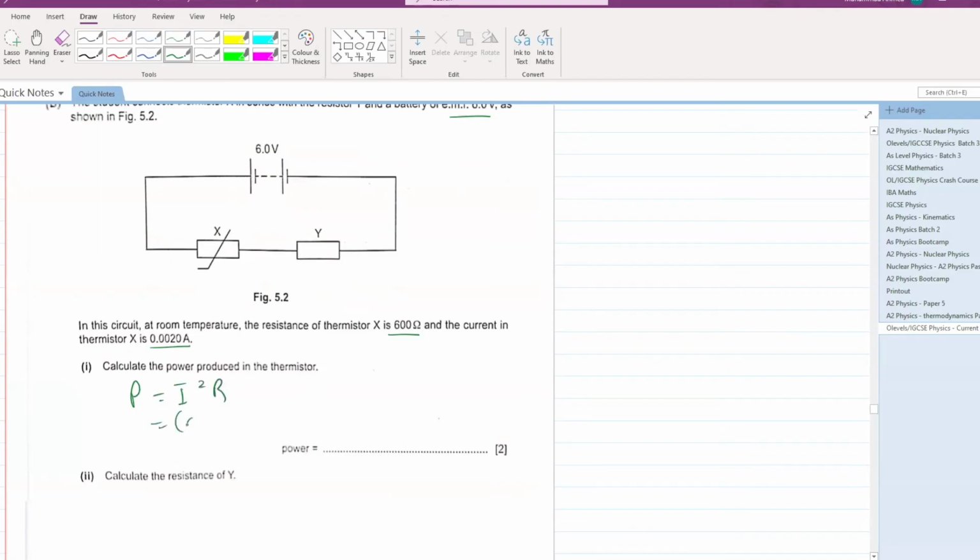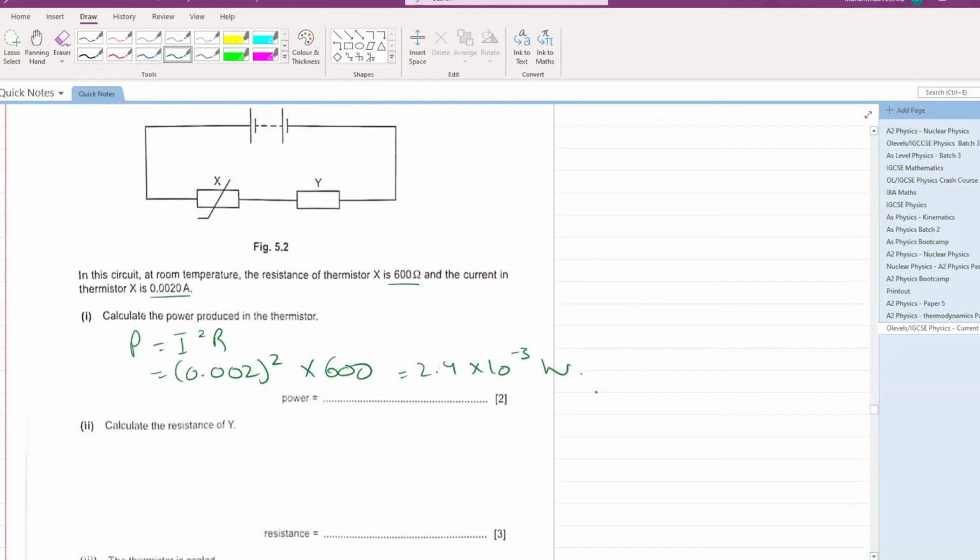Current in the thermistor, 0.002 squared, into the resistance of the thermistor, that is 600. Let's calculate it. This gives you a value of 2.4 into 10 to the power of minus 3 watts.